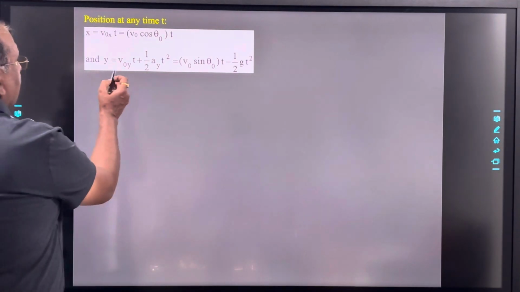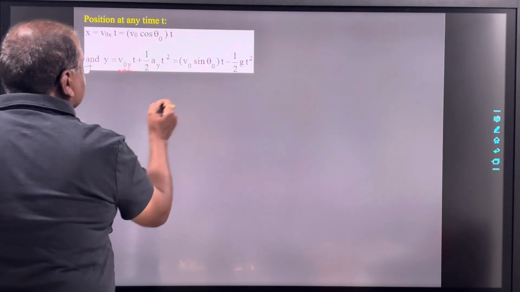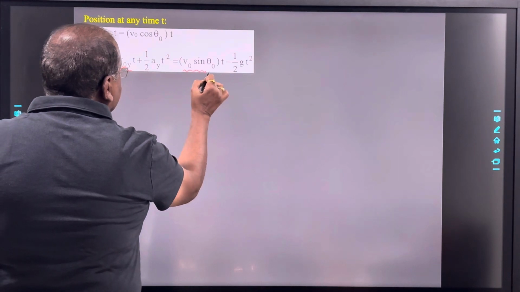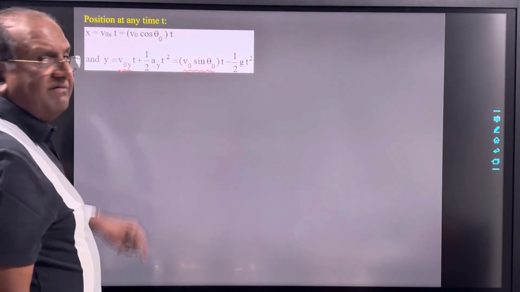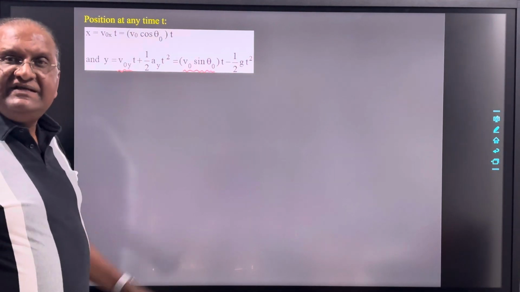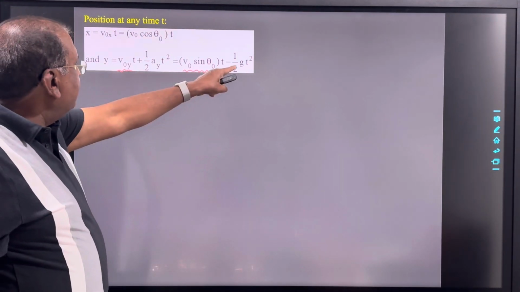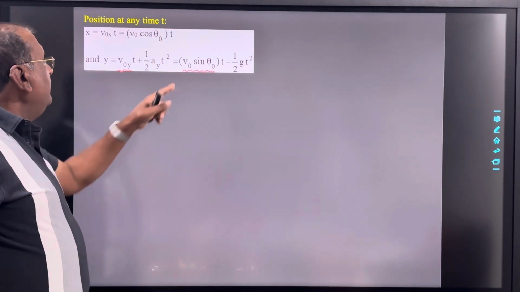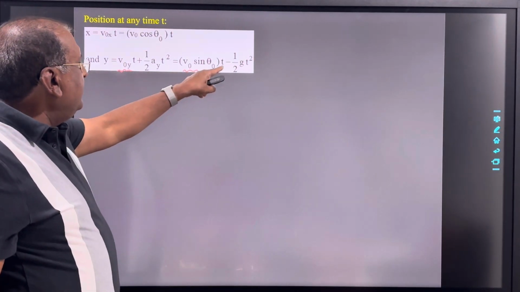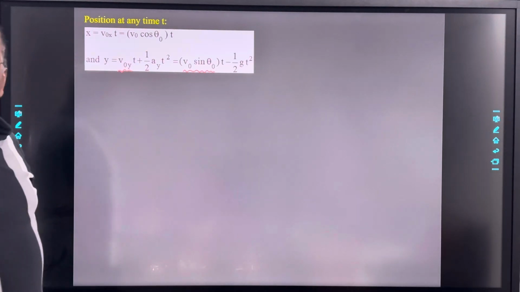Now initial velocity in y direction is v0 sin theta 0, and ay is minus g, as we discussed previously, so it is replaced by minus g. So y is equal to v0 sin theta 0 into t minus half gt square.